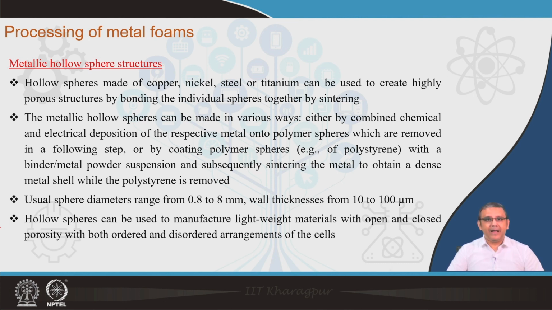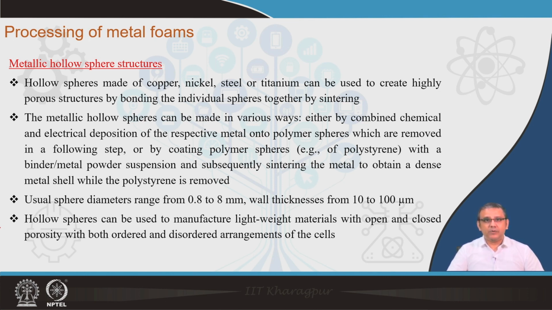Another important advantage of this process is that the processes we have learned so far were mainly limited to light metals like aluminum and magnesium, because we had to control many factors, and the pore forming agents typically used, like titanium dihydride, decompose at a low temperature.